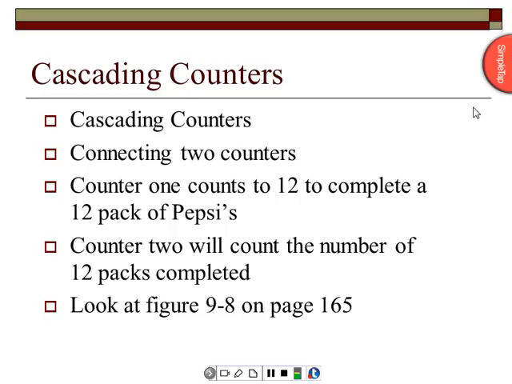Alright, so this is your next lab. For those of you, did y'all turn in your, still working on that. Alright, so this is the last handout lab, and it is very similar to this example that I have right here. It is going to be cascading counters. When you get to this point in your lab, it's actually the second counter.